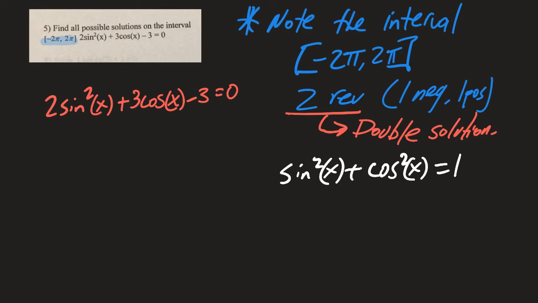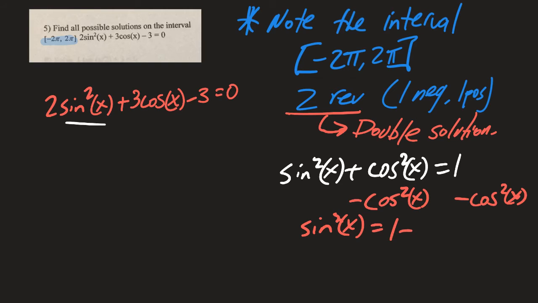Okay, and I see this sine squared, so I'm going to get sine squared by itself in this formula. So we'll move that cosine squared to the other side by subtracting it. And I'm going to end up with sine squared of x equals 1 minus cosine squared of x.